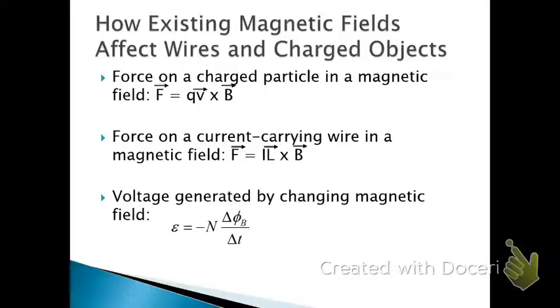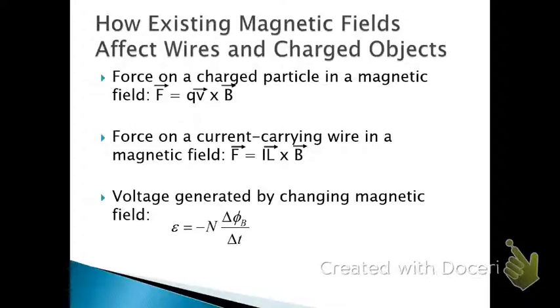So to break it down, let's say I've got an existing magnetic field, basically a wire that's producing a magnetic field. Its own magnetic field will not affect it, but it can be affected by other outside magnetic fields. So the force on a charged particle in a magnetic field, F equals qv cross B, where B is the field that already exists and it's just acting on this charged particle.